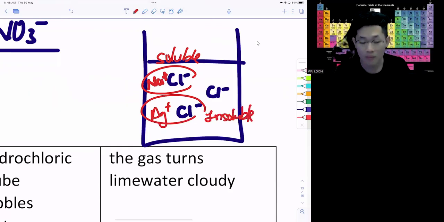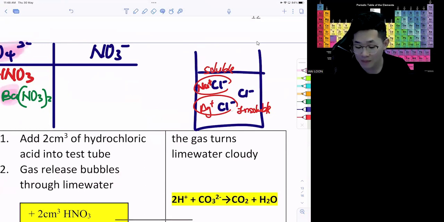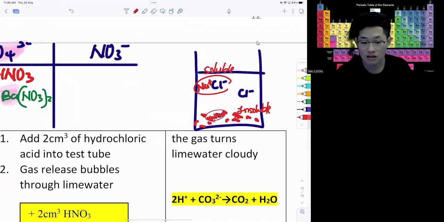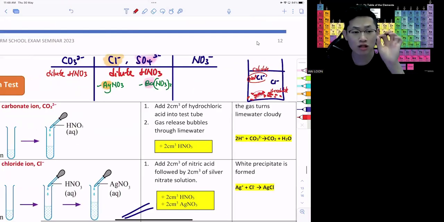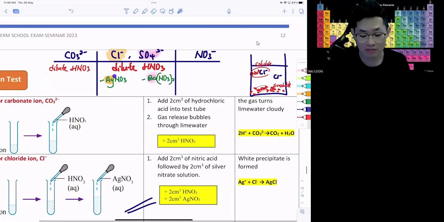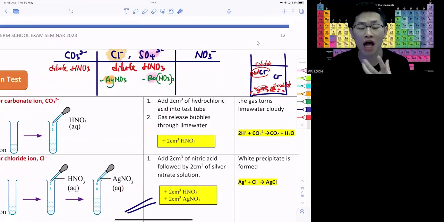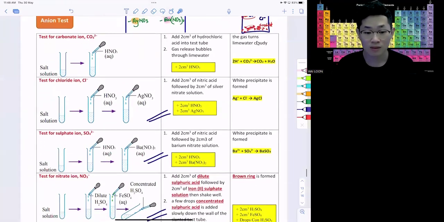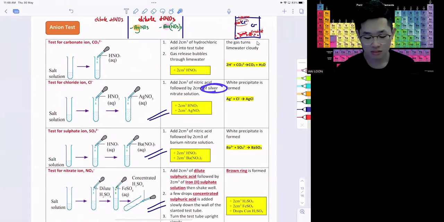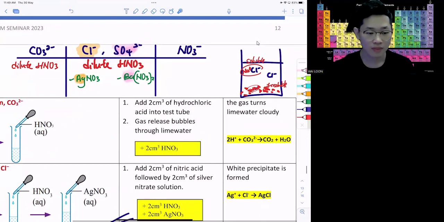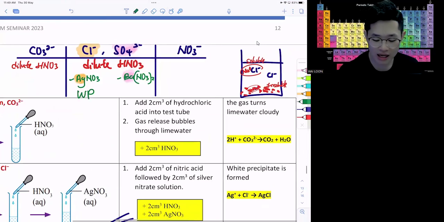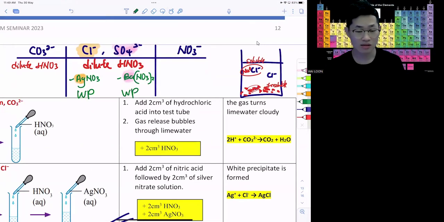They will straight away combine and become precipitate. So you will start to see a lot of precipitate. So that is the result I want. I want to add something into the ion and it will show changes. It will have reaction. So this is why we use silver for the chloride. All right. Both of them will get white precipitate and white precipitate.